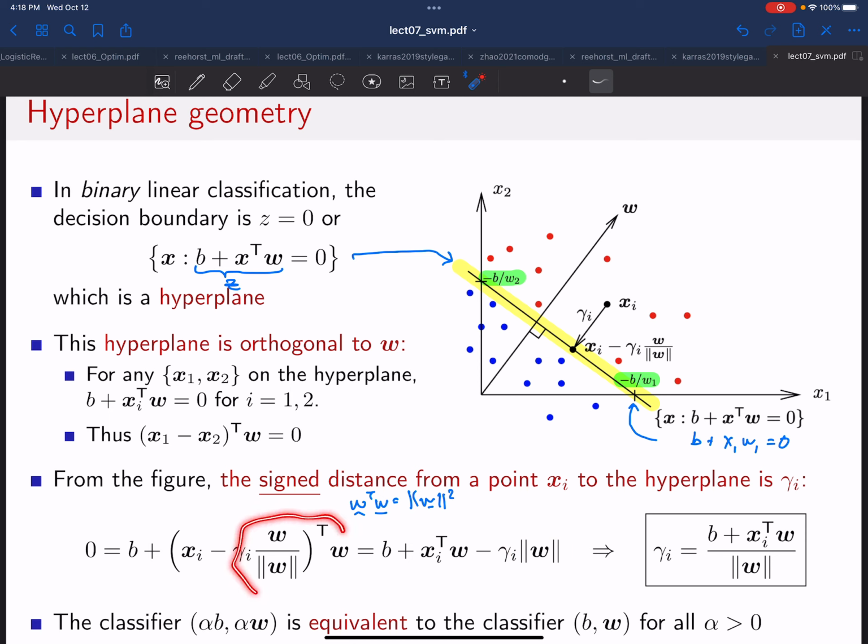So this term reduces to this. And we're almost done. Now we know that 0 equals this, so we can easily figure out what gamma i is, just rearrange, and this is what gamma i is. Okay, so if you have a training point xi, and you want to know how close that point is to your classification boundary, you basically plug it into this equation, and you get this distance.